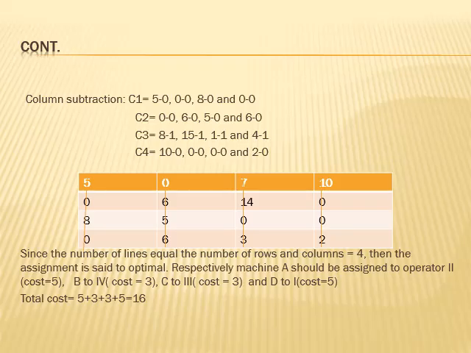Now each column and row has a minimum number of zeros. Now the next step is to cover, using lines, the rows or the columns which consist of zeros.